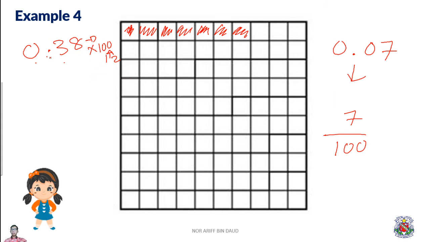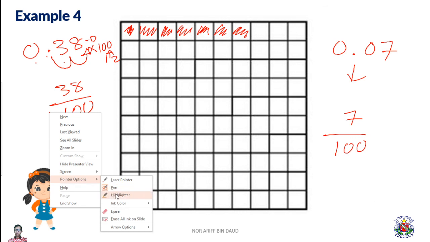So move the decimal 2 steps. 2 steps stand for 2 0s. Move to the right, 1 step, 2 steps. So it becomes 38/100. So it is actually very easy for you.